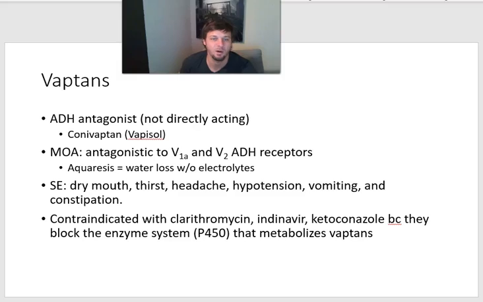And so you don't have to worry about the changing of the ions like we have with some of our other ones, right? With your carbonic anhydrase inhibitors, your thiazides, your loop diuretics, all those are causing ion changes. Your potassium-sparings are even causing some ion changes. Your vaptins and your osmotic diuretics don't do that. Things you see: dry mouth, thirst, headache, hypotension, vomiting, constipation.